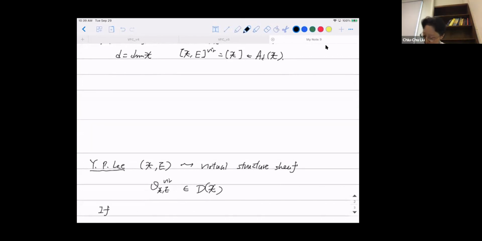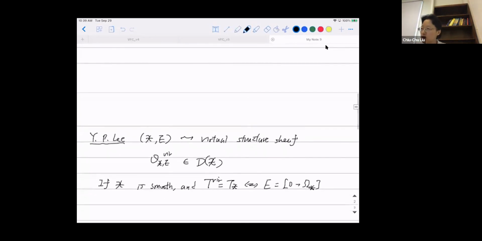In particular, if X is smooth and we take the perfect obstruction theory to just be the cotangent bundle of X, then this virtual structure sheaf is just the structure sheaf of X.